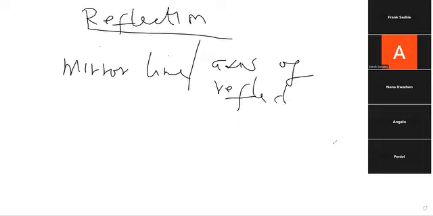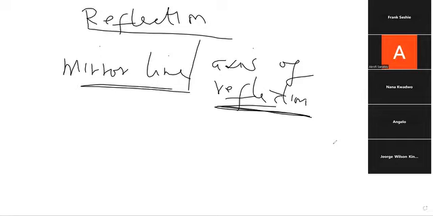These are the 2 key things. So the flip is along a line, and that line is called the axis of reflection or the mirror line.